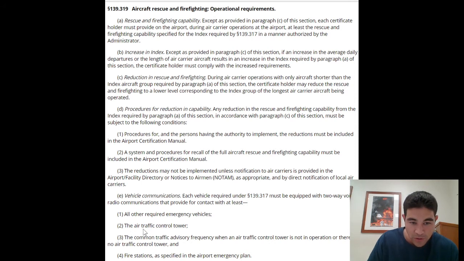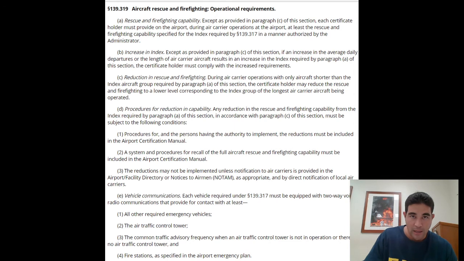You have to be able to talk to the tower, because a lot of times they're going to either give you control of the runway, or let you know what's happening up in the sky from their vantage point. And then you need a CTAF radio, common traffic advisory frequency, so you can hear what the aircraft are saying.